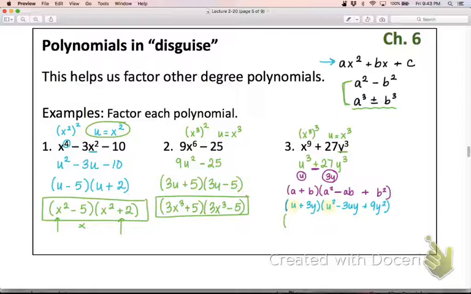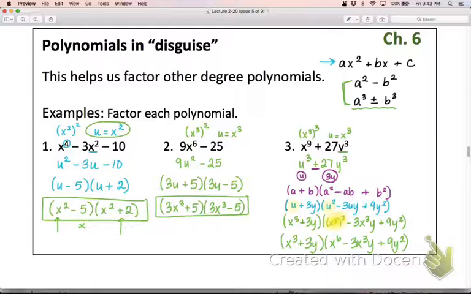So really what we have now is x to the 3rd plus 3y times x to the 3rd squared minus 3x to the 3rd y plus 9y squared, and we can finish that out by fixing this exponent here, and that gives us a final answer of this, x cubed plus 3y times x to the 6th minus 3x cubed y plus 9y squared.